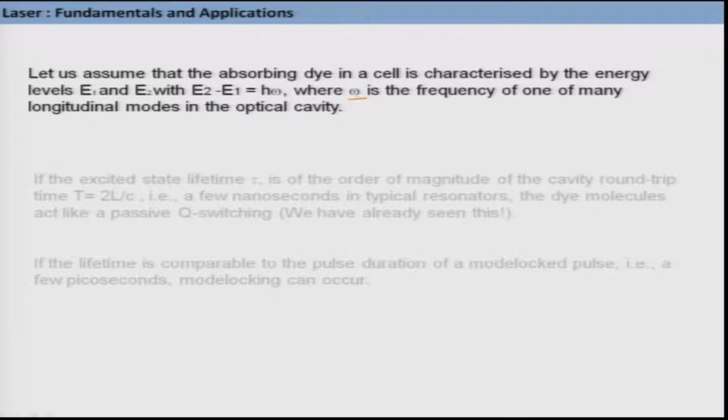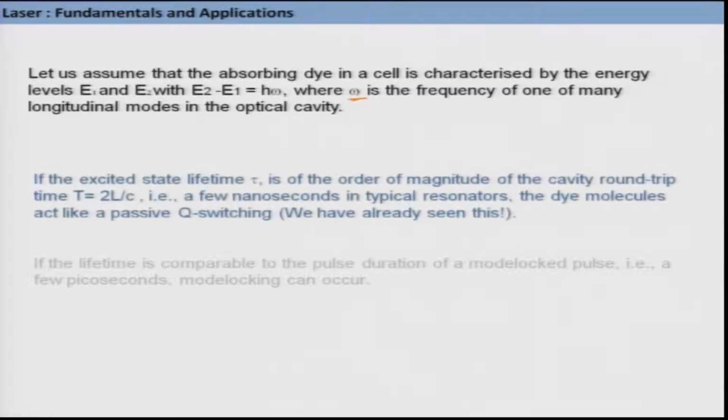There may be n number of modes; let us take one mode which has a frequency omega. Now suppose the excited state of this saturable absorber dye has a lifetime tau, and this tau is of the order of magnitude of the cavity round trip time. What is the cavity round trip time? That is given by the period capital T, equal to 2L by c.